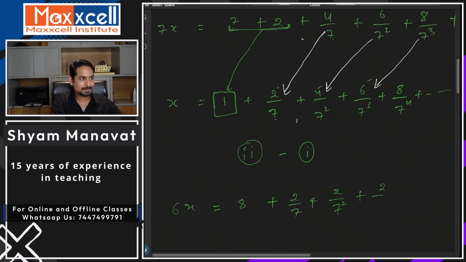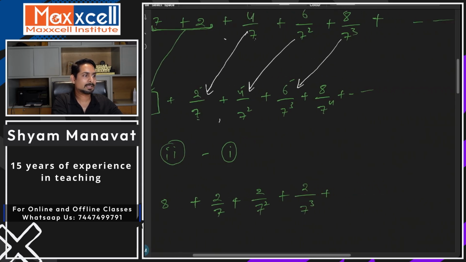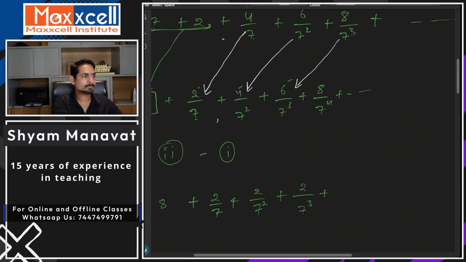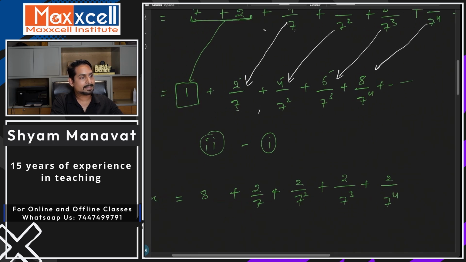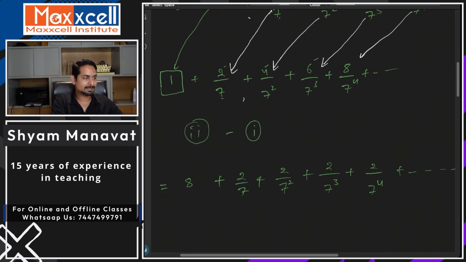You have what? 2 by 7 cube. Plus, now next term definitely would have been 10 by 7 raised to 4. And if you subtract this with this term, although these terms are enough, but just to explain, you again get 2 by 7 raised to 4. And it will go on up till infinite terms.